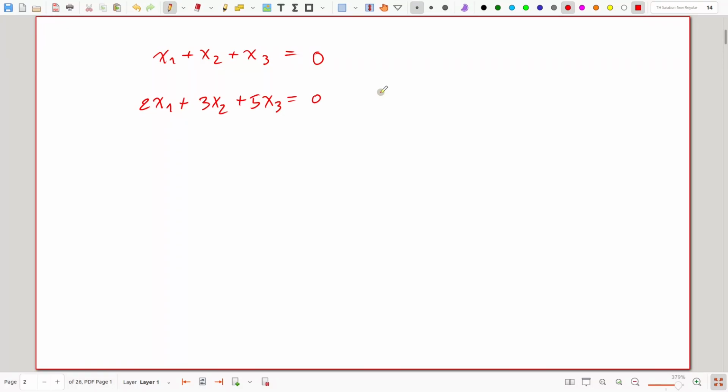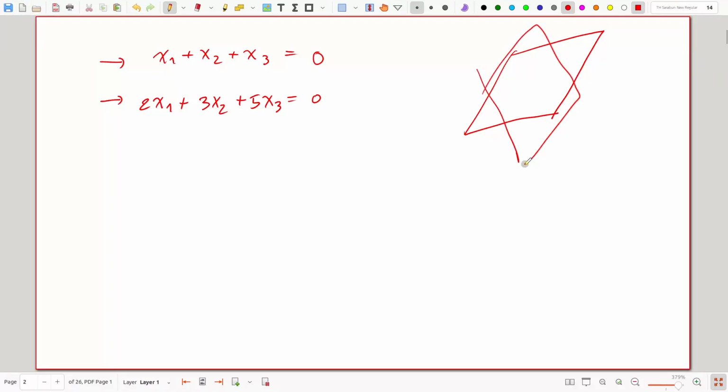If I only have one equation, the set of solutions will look like a plane, right? If I have this equation as well, the set of possible solutions to the first equation is a plane, and the set of possible solutions to this one is another plane, and the intersection is a line.